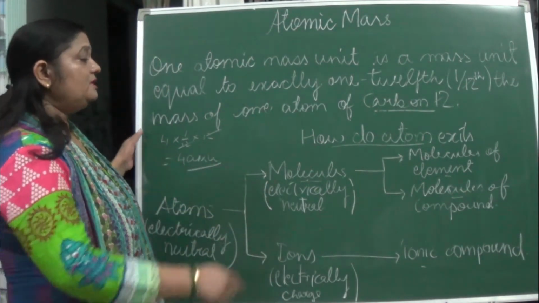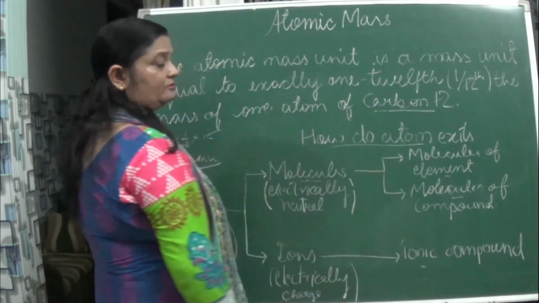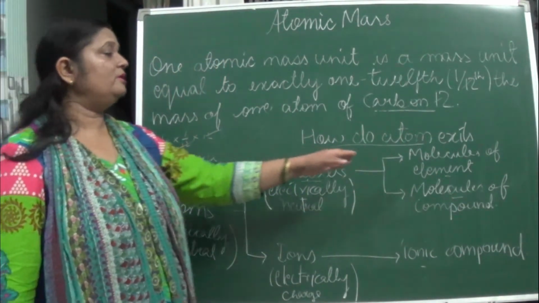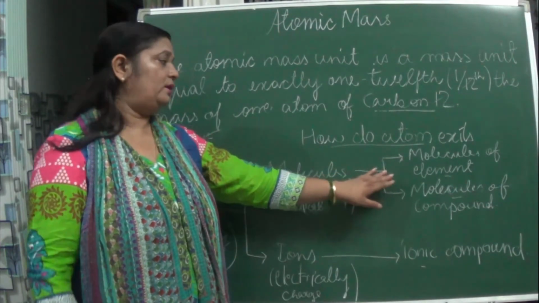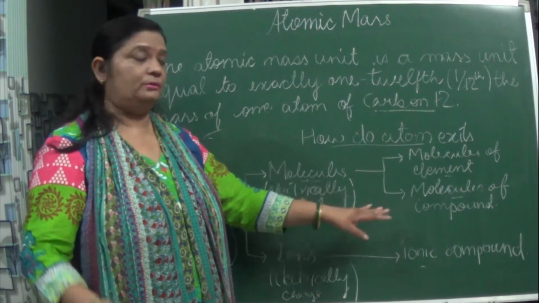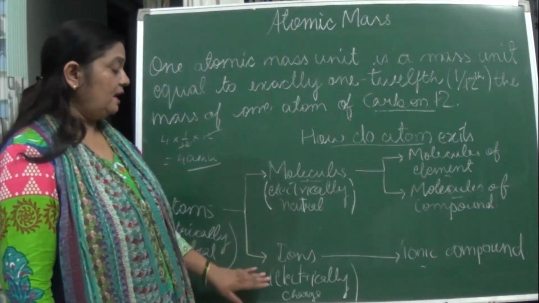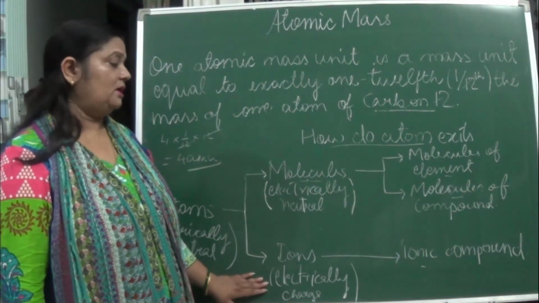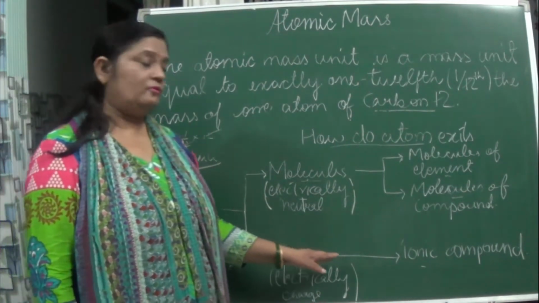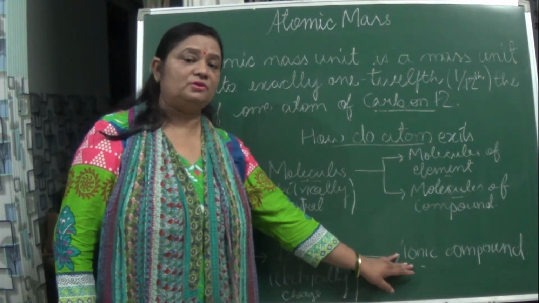These molecules exist as molecules of elements and molecules of compounds. A molecule of an element is like neon, argon; a molecule of a compound is like H2O, CO2. Next are the ions. Ions are electrically charged, and they form ionic compounds like NaCl, that is sodium chloride.